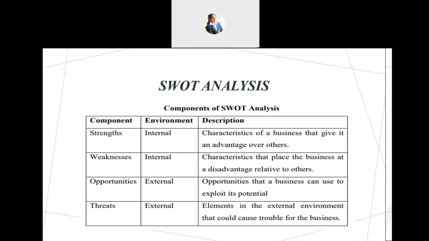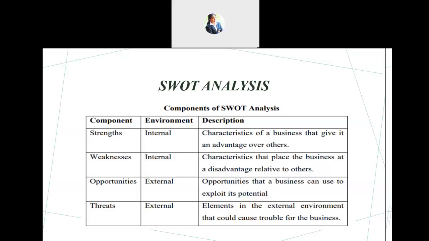Now, the last component is threat. Threats are the unfavorable conditions in the external environment which definitely act as a threat for the survival of the business because they create a risk for an organization.